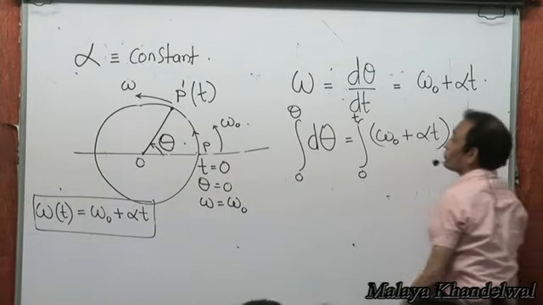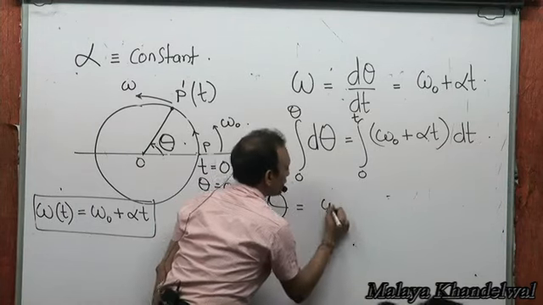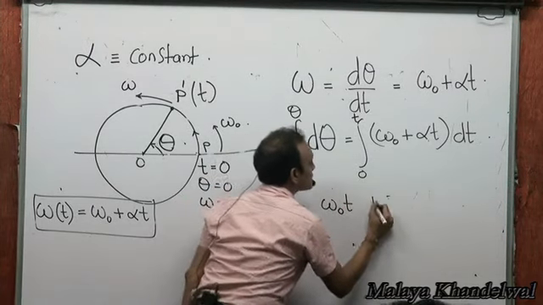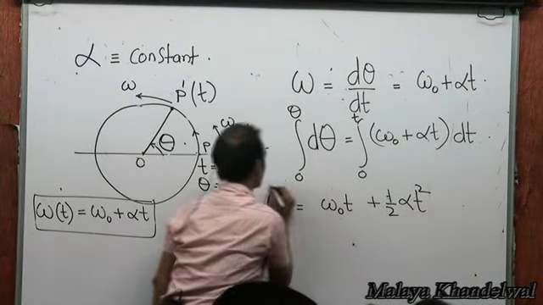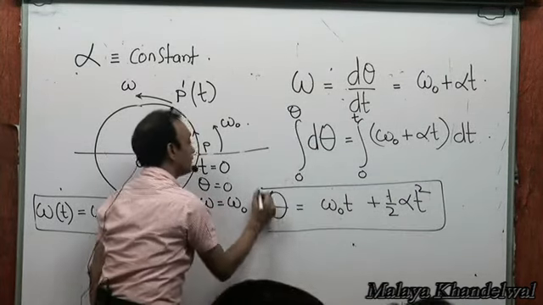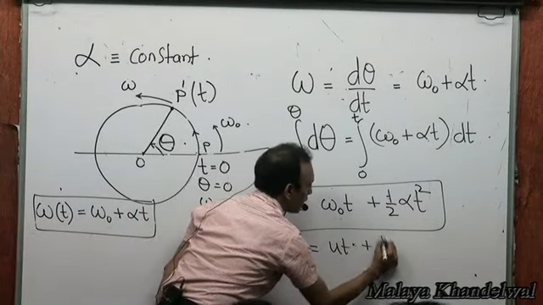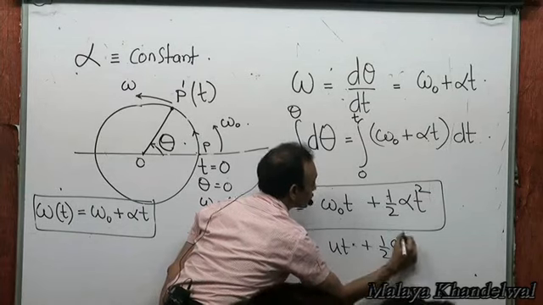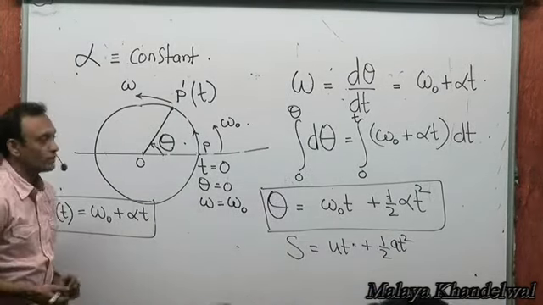So this will give me theta equal to omega naught t plus half alpha t squared. And the equivalent that you have seen is s equal to ut plus half at squared for constant acceleration. So far so good?